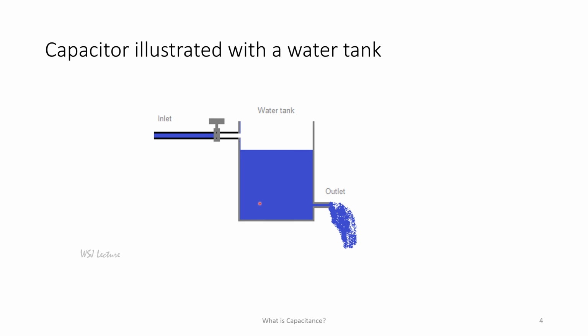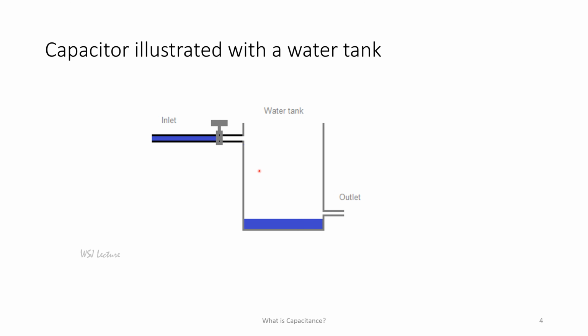So the water starts draining through the outlet. If we compare this with the capacitor, if the power supply is switched off, the charge in the capacitor starts discharging and will be supplied to the circuit until the capacitor is completely discharged.